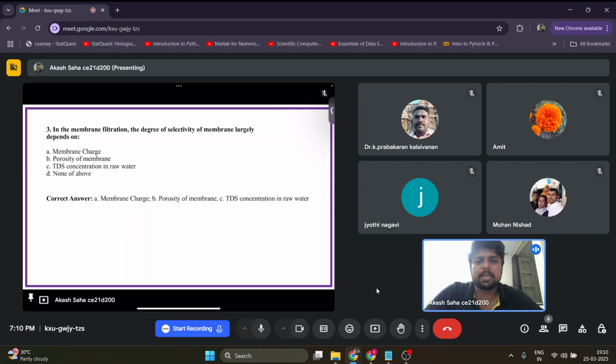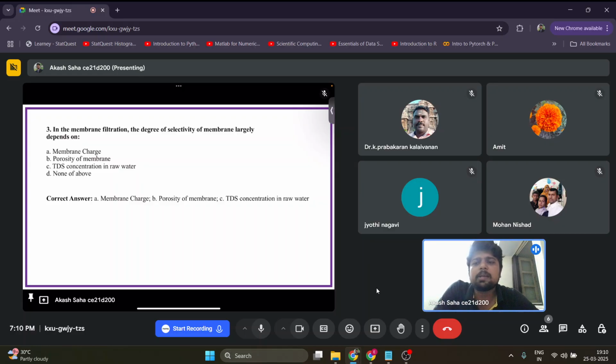If I have a membrane that is also negatively charged through some surface treatment, then it will repel the organic foulants and reduce membrane fouling. So choosing the membrane charge is very important based on the type of feed coming in.